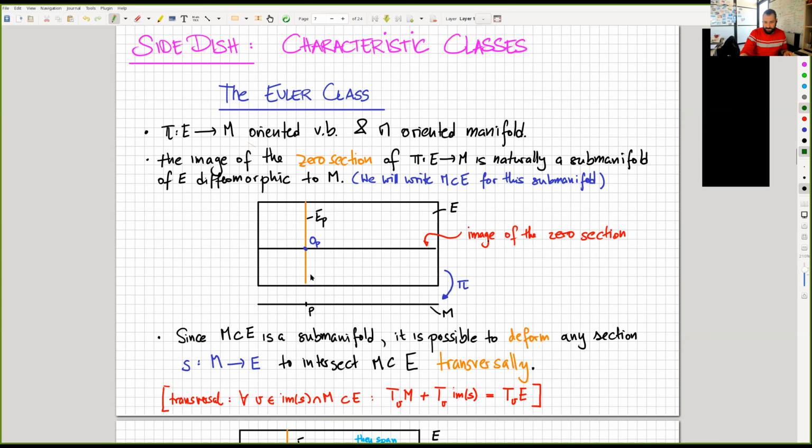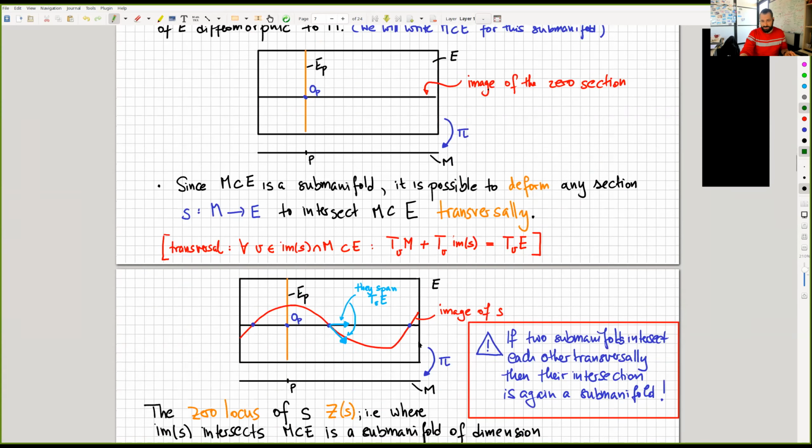And what does transverse mean? Transverse means that for every point in the intersection of your section with the zero section, the tangent spaces in this intersection point have to add up to the tangent space of your ambient manifold, which is the tangent space of E at the point v. This does not have to be a direct sum, but the sum of the vector spaces should generate your whole vector space here.